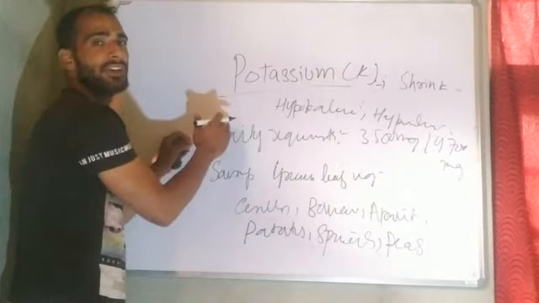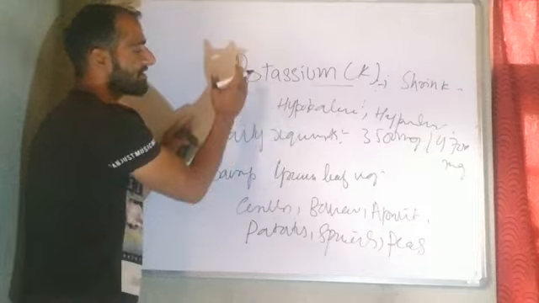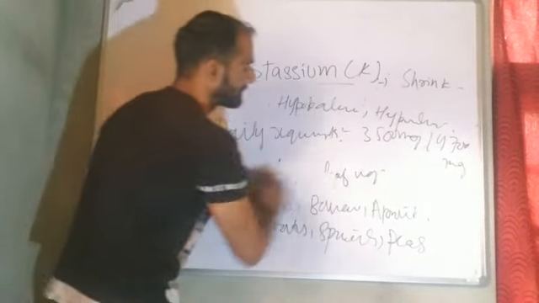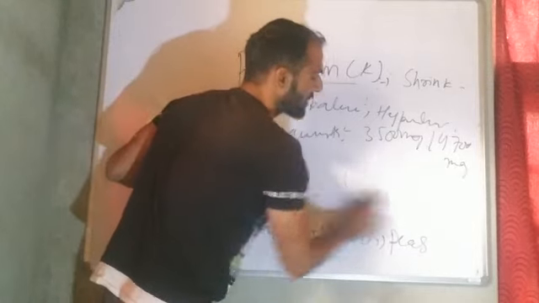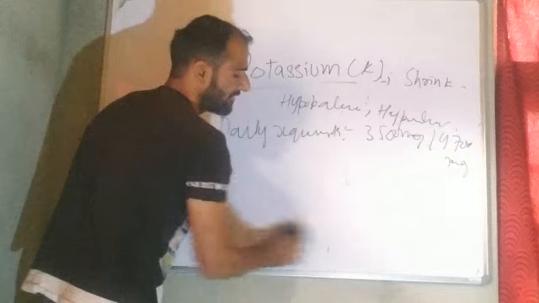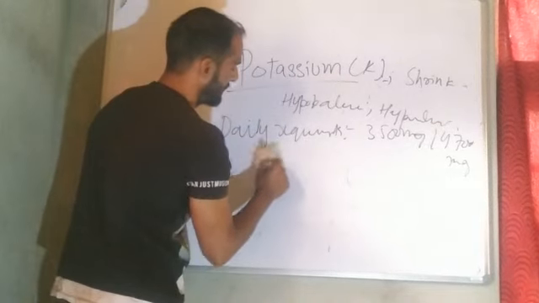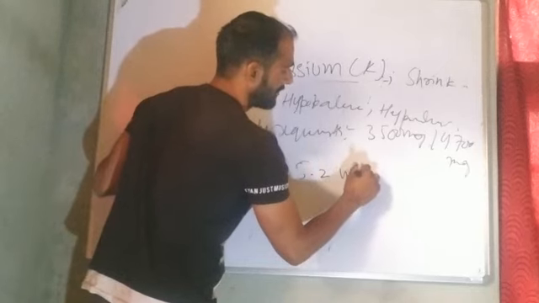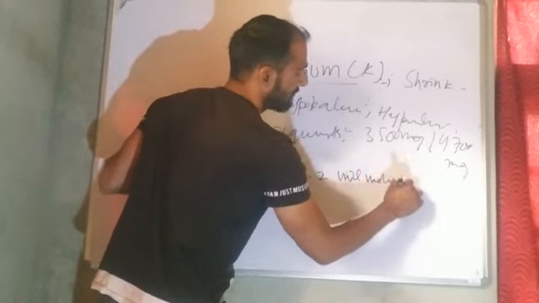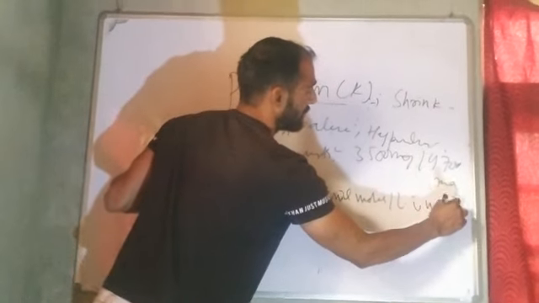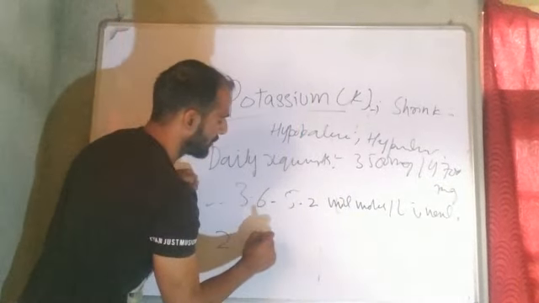Okay. How much is the normal blood potassium level? ठीक है. So 3.6 to 5.2 millimoles per liter is the normal potassium level.